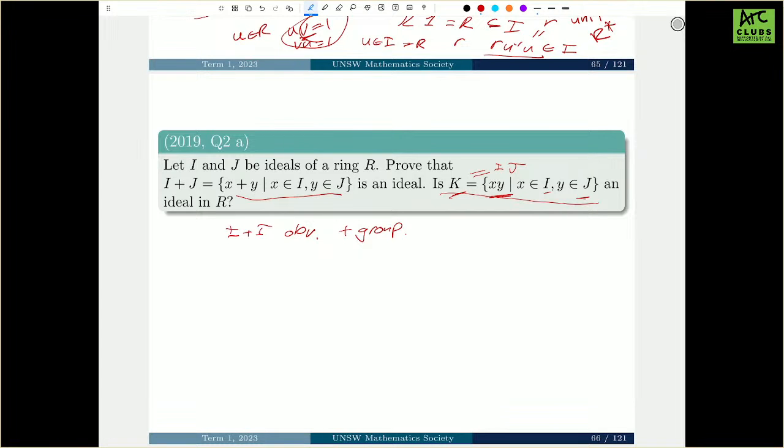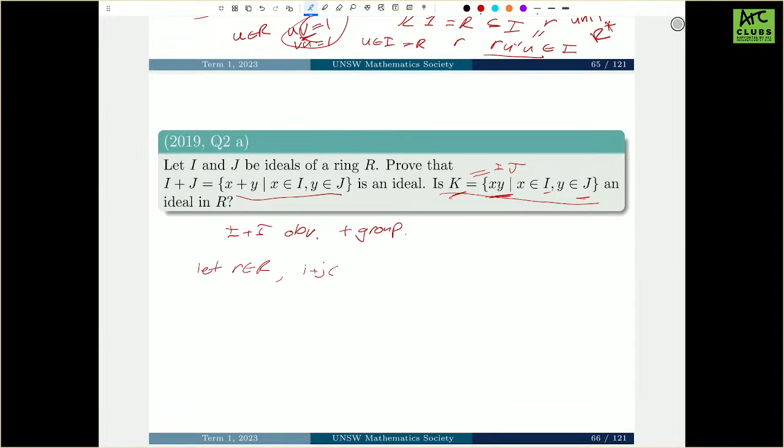So, r. We say let r in R, and we can denote any element of I plus J as just like i plus j.